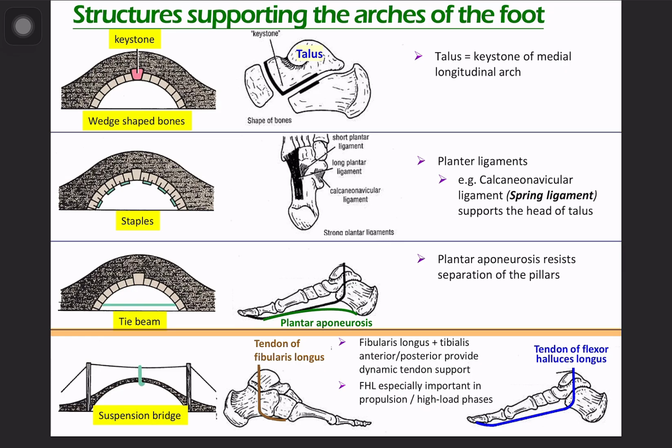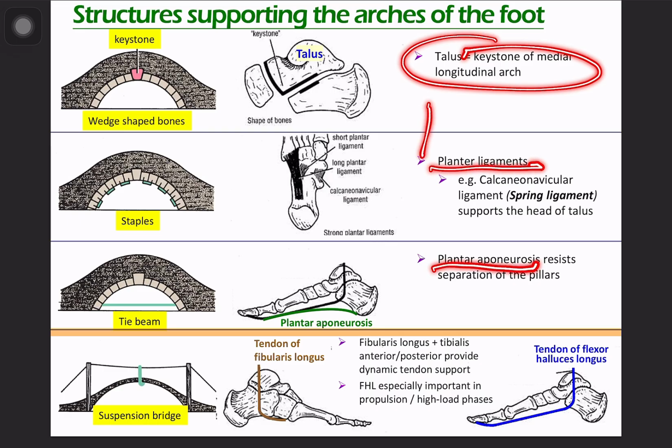So let's talk about passive and active support to the foot arches. Passive support comes from non-contractile structures, including the bony configuration, the plantar aponeurosis, as well as the plantar ligaments.